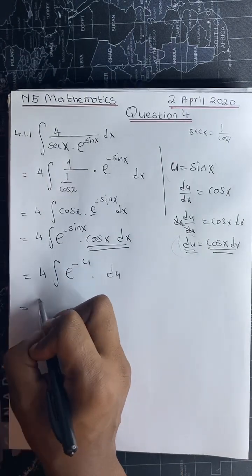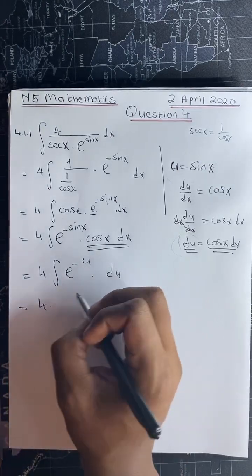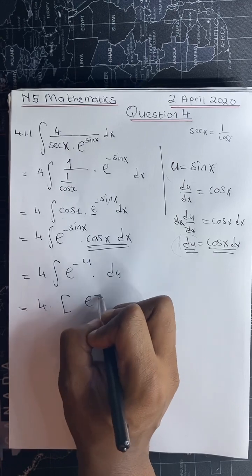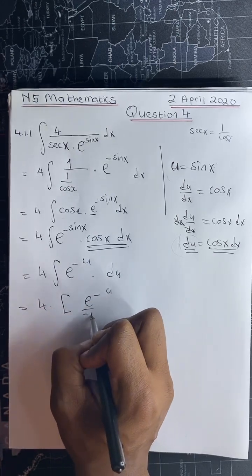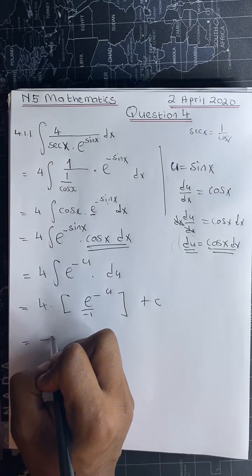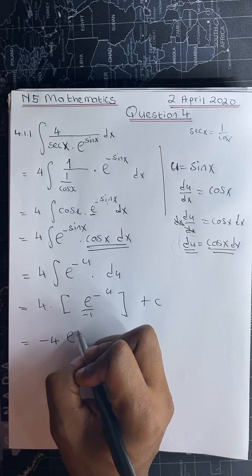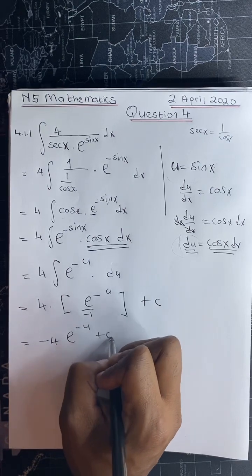From here we integrate e to the power negative u with respect to u. So this will be e to the power negative u divided by negative 1 plus c. This is just the same as negative 4 e to the power negative u plus c.